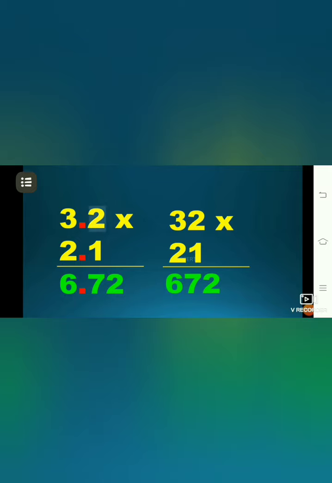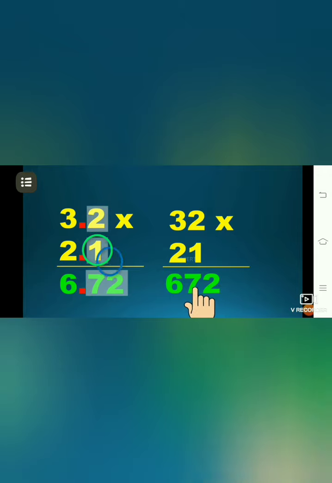Second, the number of decimal places in the product depends on the total number of decimal places in the factors. To find out the number of decimal places in the product, count the decimal places in each factor, 1 and 1. Then add them together. 1 plus 1 is 2.